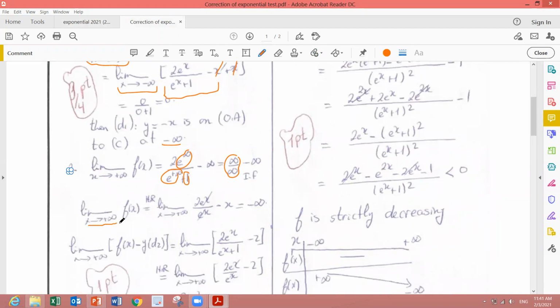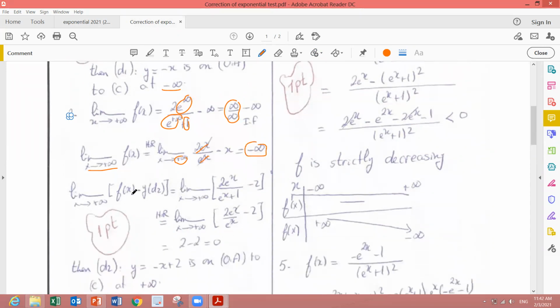The limit as x tends to plus infinity of f(x), by using L'Hopital's rule, is equal to the limit of the derivative of 2e^x, which is 2e^x, over the derivative of e^x plus 1, which is e^x. It gives 2 minus infinity, which is minus infinity.